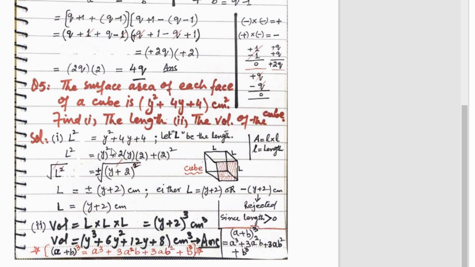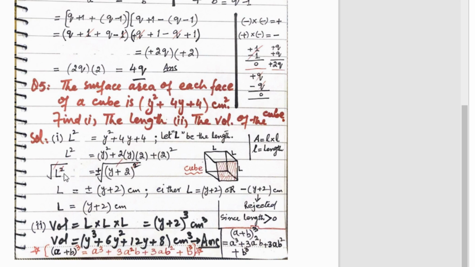Now y is a square, 2 is a square, 2ab is present, so we can enclose y and 2 with a plus sign as y plus 2 whole square. We will pick up a and b because a is y and b is 2, and we will pick up the sign of 2ab and complete y plus 2 whole square.